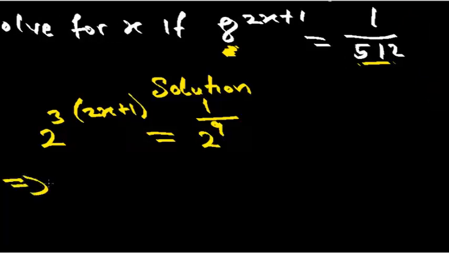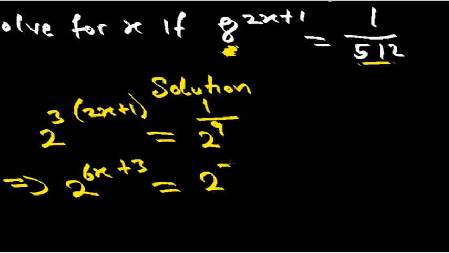That implies that we have 2, then we can multiply our 3 through the bracket. That will be 3 times 2x, which is 6x. 3 times 1 is 3, then equal to 1 over 2 exponent 9, which is the same as 2 exponent negative 9.